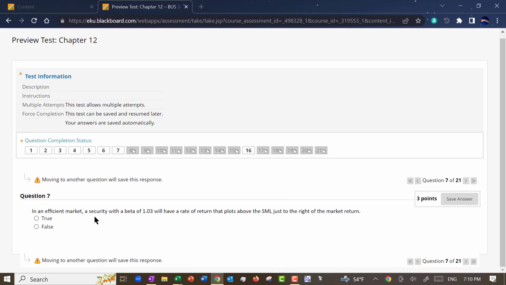In an efficient market, which means assets are priced on the security market line, a security with a beta of 1.03 will have a rate of return that plots above SML just to the right of market return. Now, if it's efficient, it does plot on the SML.